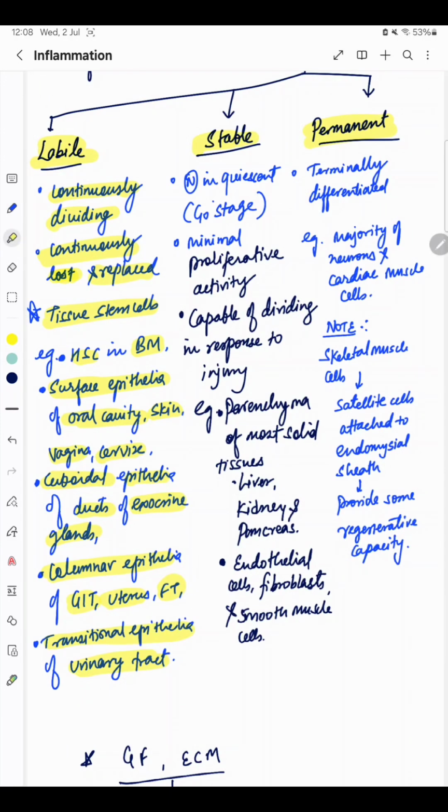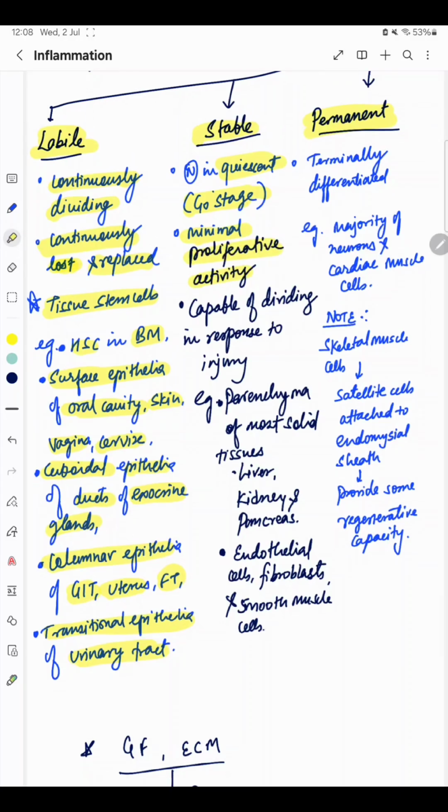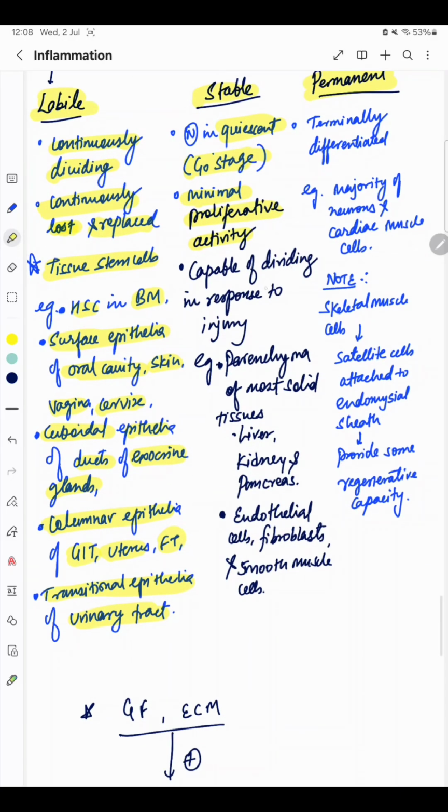Now the second category is stable tissue or stable cells. Normally the cells are present in quiescent stage or G0 stage of the cell cycle. In stable tissue, they have a very minimal proliferative activity, and they are capable of dividing, but only in response to injury.